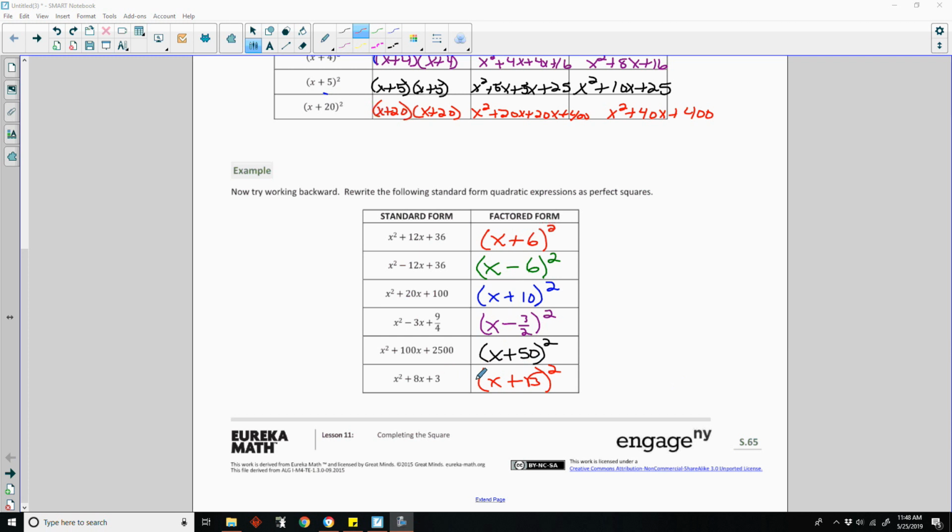Okay, so I just wanted to show you something here. So working backwards, remember we took the square root of 36 and got 6, the square root of 100, 10, square root of 9/4, 3 halves, square root of 2,500 is 50. The square root of 3 is the square root of 3. So just bear with me here. This isn't correct, but watch what's going to happen if I check this.